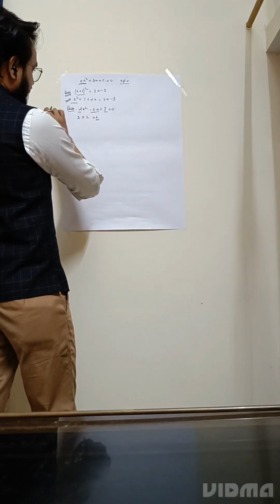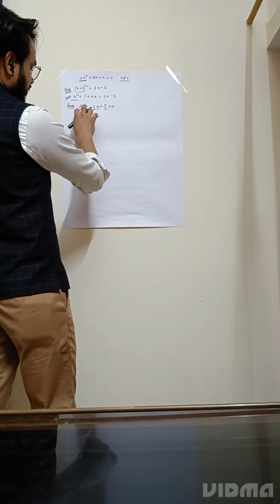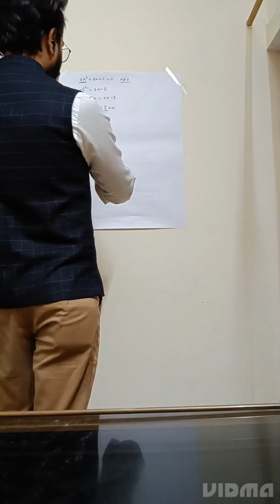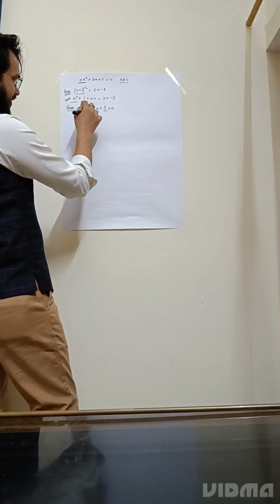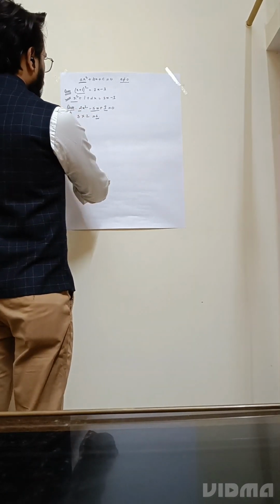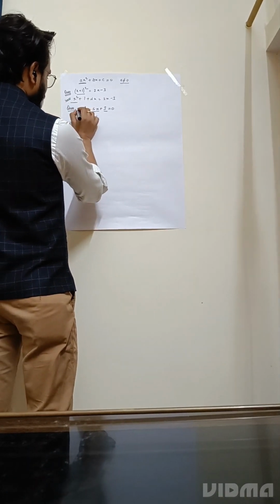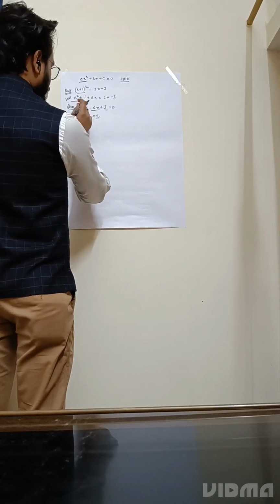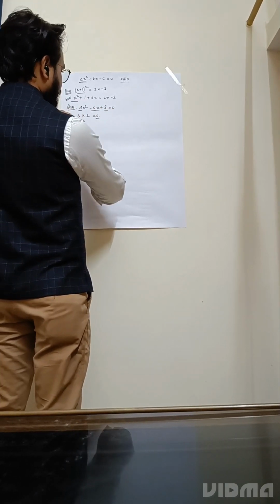First of all, we write the whole equation as I have written on the board, that is in the decreasing power of x. So now we multiply the coefficient of x square with the constant term. The coefficient of x square here is 2 and the constant term is 3.